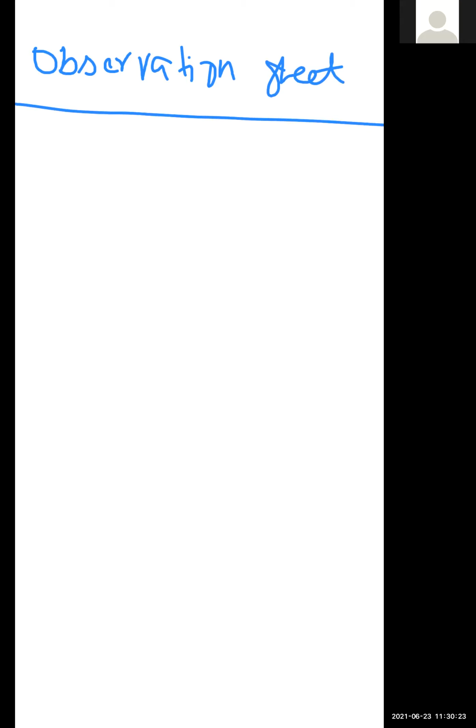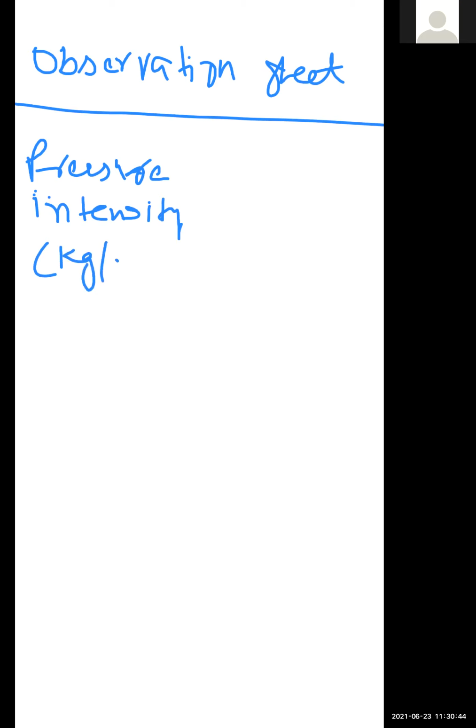The observation sheet for the time pressure consolidation test has, first, the pressure intensity in kg per centimeter square, and elapsed time.